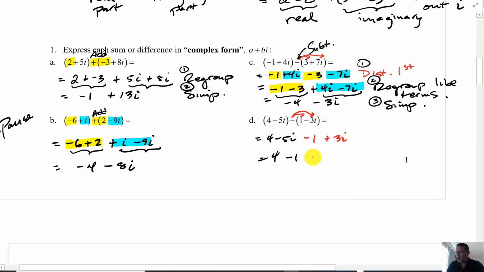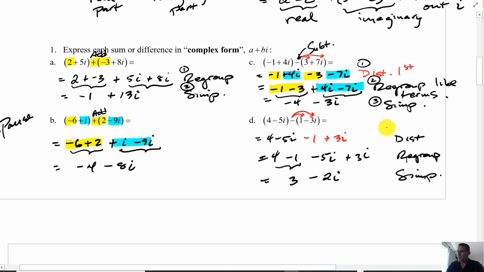So 4 minus 1 and then a minus 5i plus 3i. You regroup and then you add. 4 minus 1 is 3. Negative 3 plus 5 is negative 2, so you have a minus 2i. Okay, so you distribute, you regroup, and then you simplify. Okay, step 1, step 2, step 3.